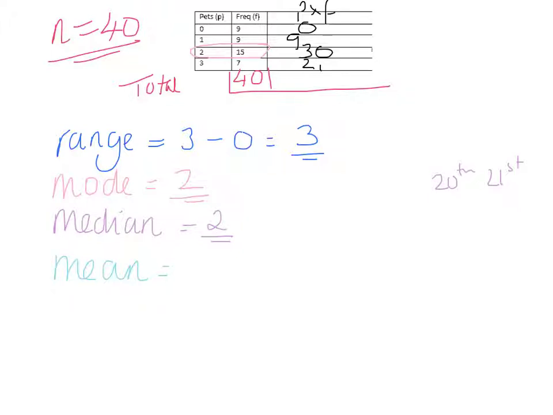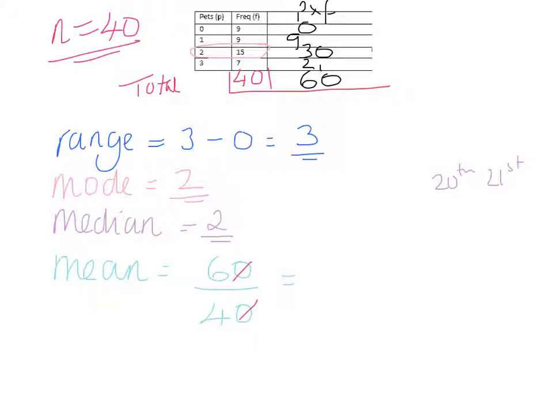So in total I have got 60 pets. So I've got 60 pets altogether between 40 people. So I'm calculating the mean, 60 divided by 40. Often this would be a question you'd be asked to do in a calculator, but I'm going to do it just as a fraction. I'm going to say, can I simplify the fraction?